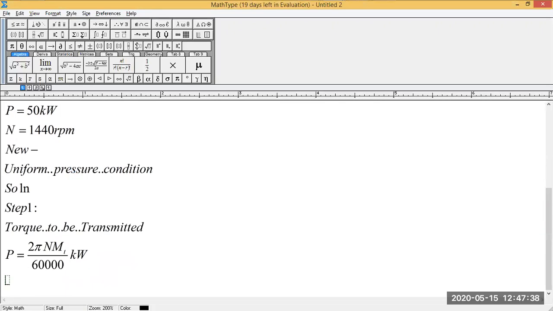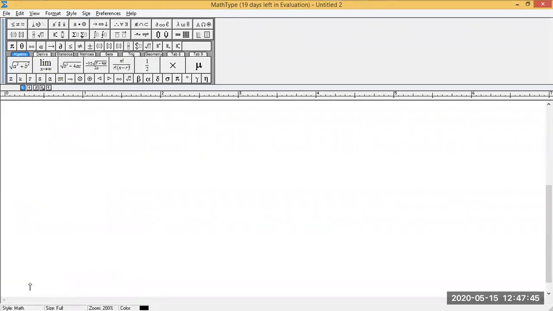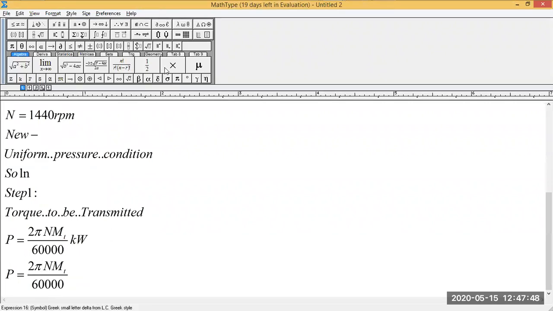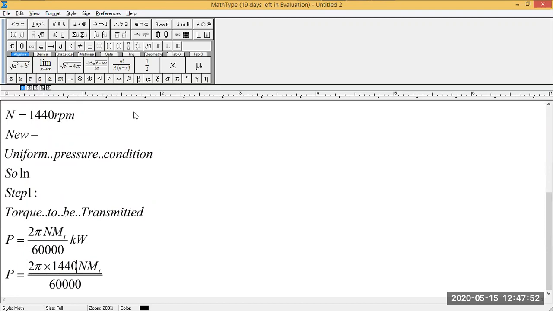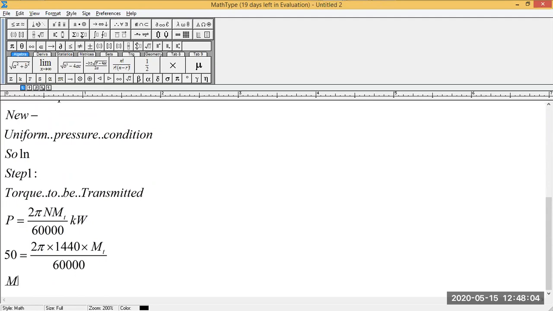Power P equals this by N, N is 1440, times torque. Torque is what we need to find. Power is 50. So from this we'll get the value of torque, mt. Find out and let me know in the group chat.